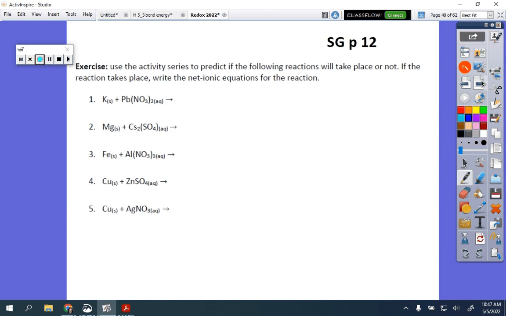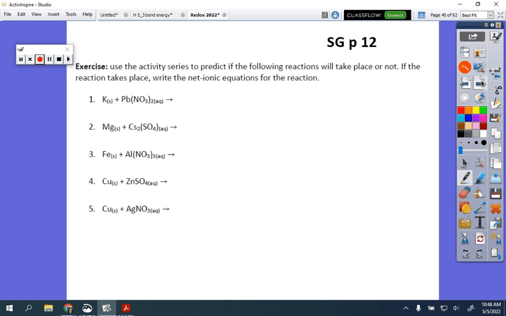All right, so on page 12, you have some reactions. This is similar to what they were asking you to do in the acid-base packet to predict the products. Now, it's possible that your products might be no reaction, okay?